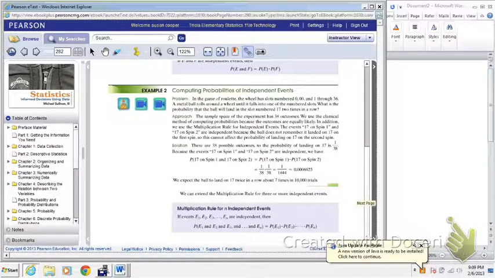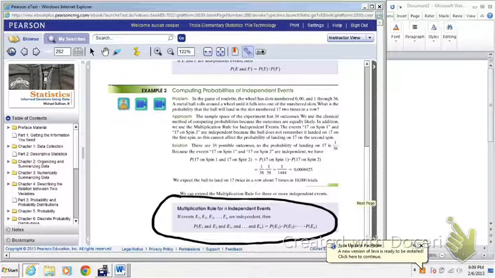Okay, and in this next lovely box here, I'm going to have to translate this one for you in easier language. The multiplication rule for n independent events. So I don't really like the notation there.